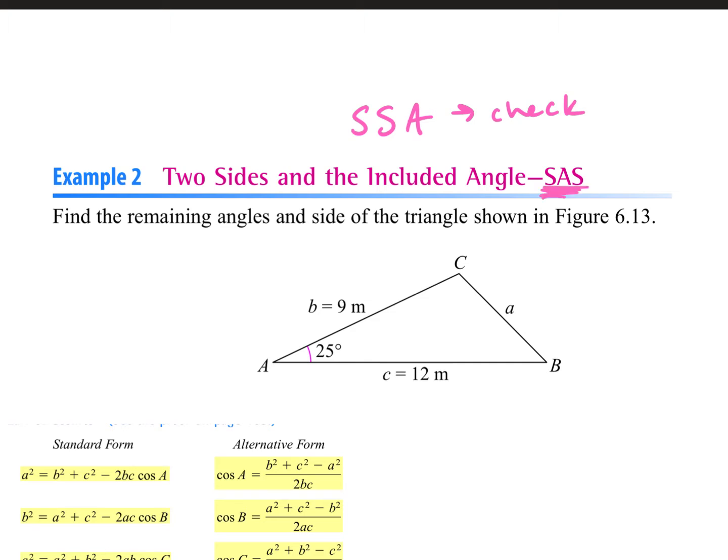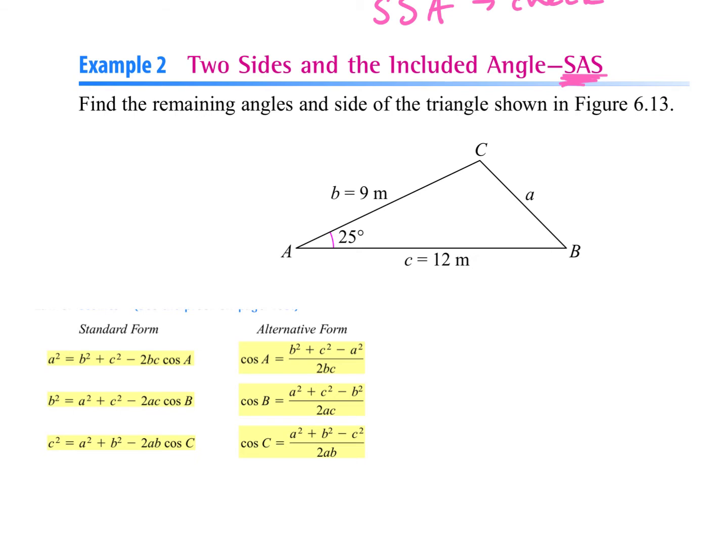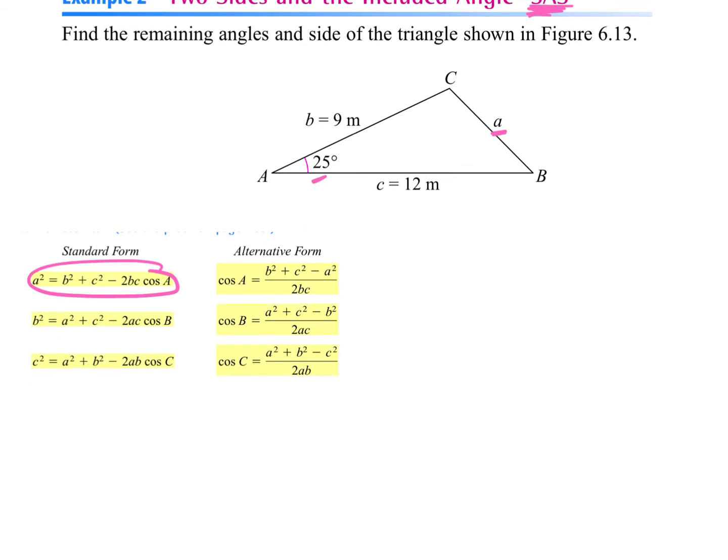All right, so we're going to use which formula here if it gives us 2 sides and an angle? The first one, because we have to find side A first, because it gives us angle A. So we find the corresponding one to the angle first. So plug everything in.